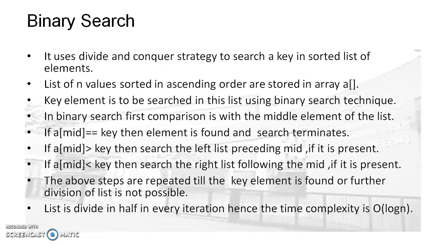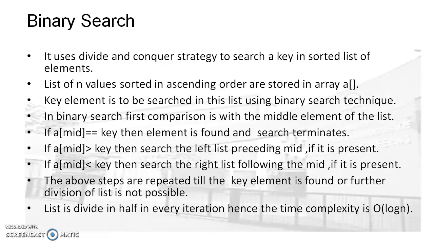If the key is less, then the left list preceding the mid will be searched. If the key is greater than the element at the mid position, then the search will be continued in the right list, following the mid position.